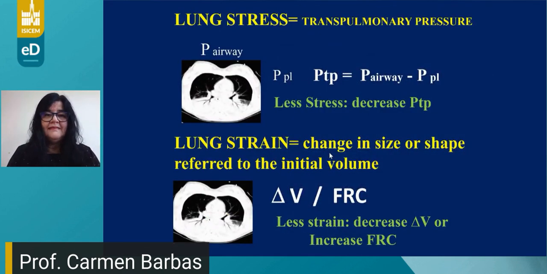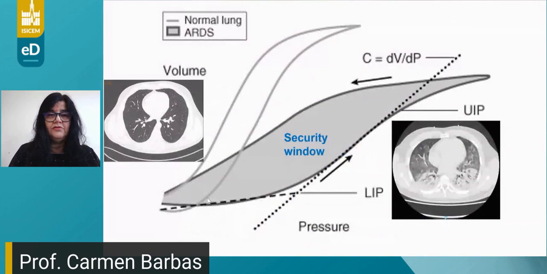So to minimize this, you can decrease the transpulmonary pressure, decrease the driving pressure, or decrease the strain, decrease the tidal volume, or increase the FRC with prone position or PEEP titration.